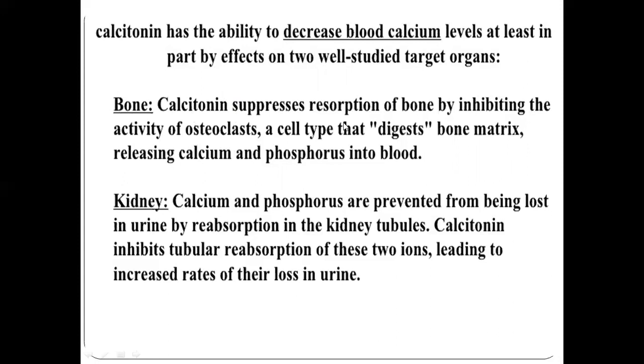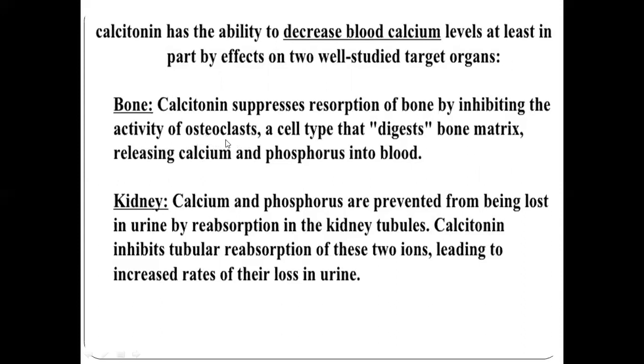So calcitonin suppresses the reabsorption of bone by inhibiting the activity of osteoclasts. So it decreases the activity of osteoclasts, a cell type that digests the bone matrix.